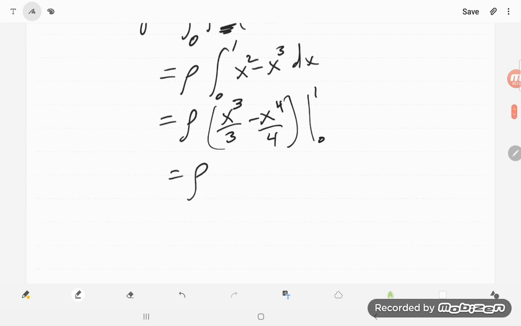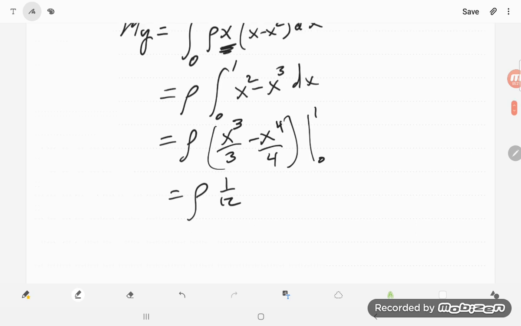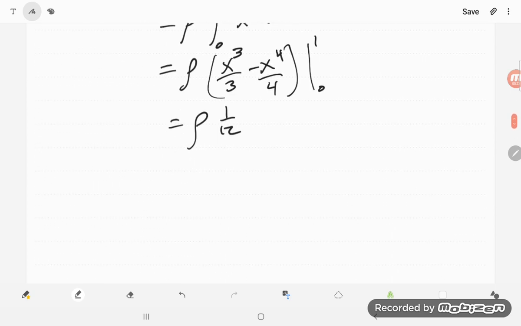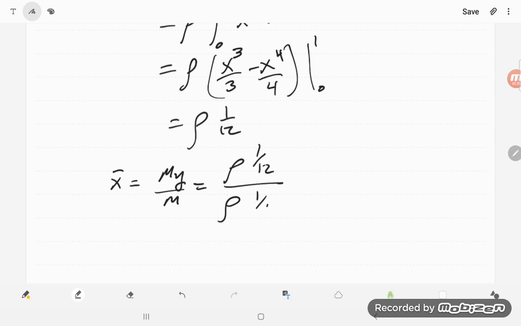And so that's rho times 1/3 minus 1/4, that's 1/12. And so then our x bar, which is equal to m sub y over m, is rho times 1/12 over rho times 1/6.